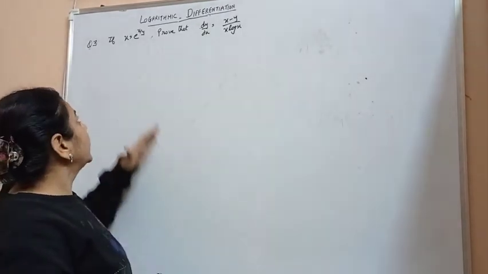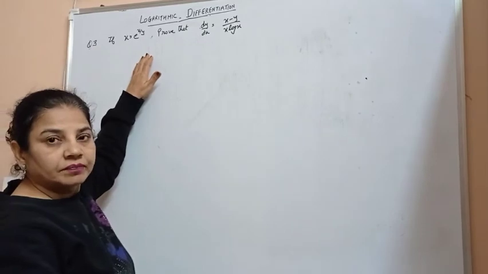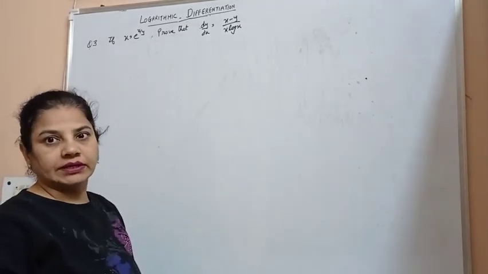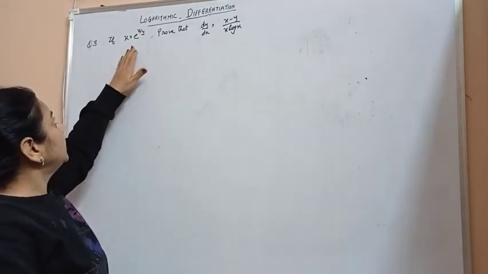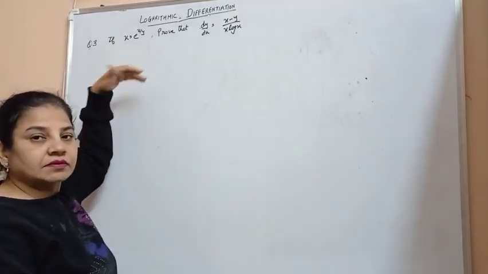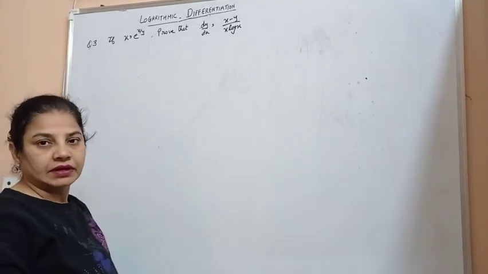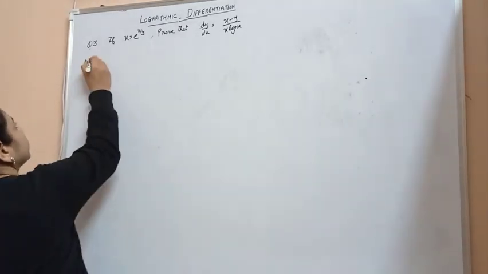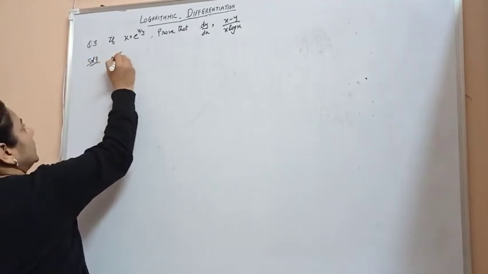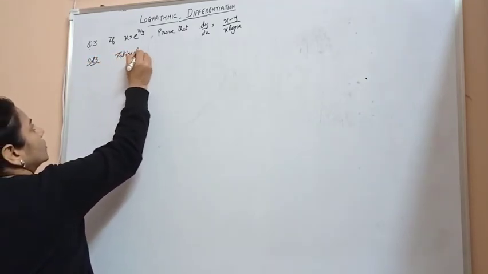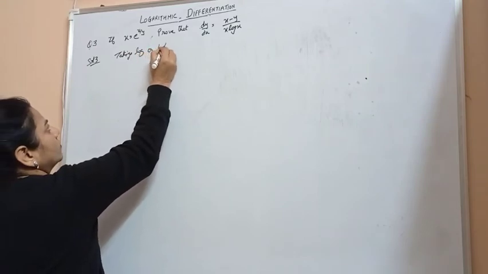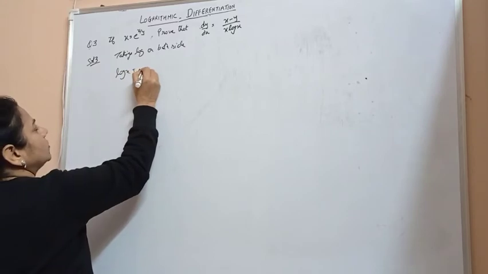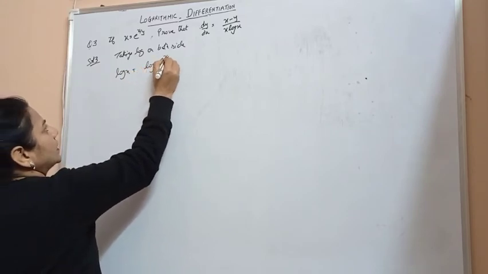In this question, x is equal to e to the power x by y. We have to prove that dy by dx is equal to x minus y upon x log x. Again, e to the power is an exponential function and its power is x by y. So again, function to the power function. So we take log on both sides. Taking log on both sides, I get log x is equal to log e to the power x by y.